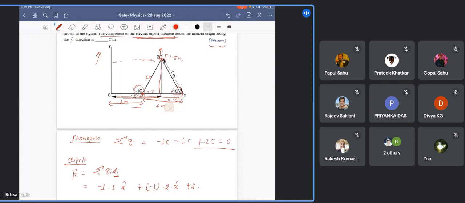It is 1 meter hypotenuse and 0.5 meter base. So we can calculate this distance if we take this as a right angle triangle.